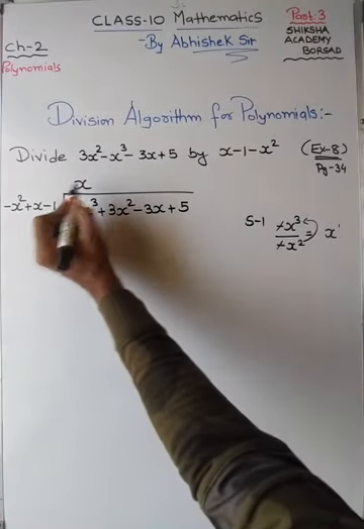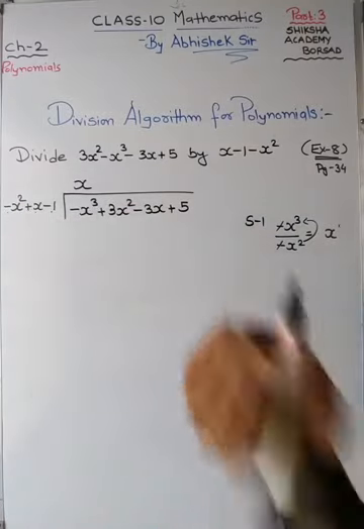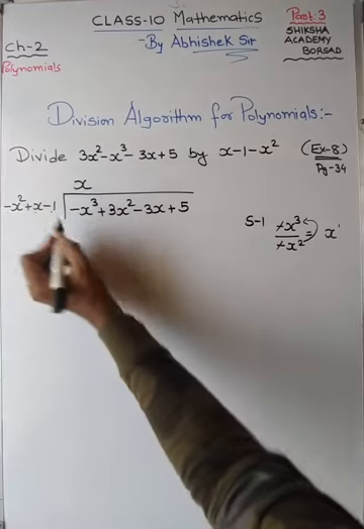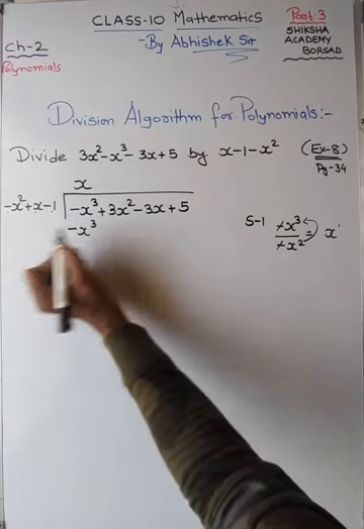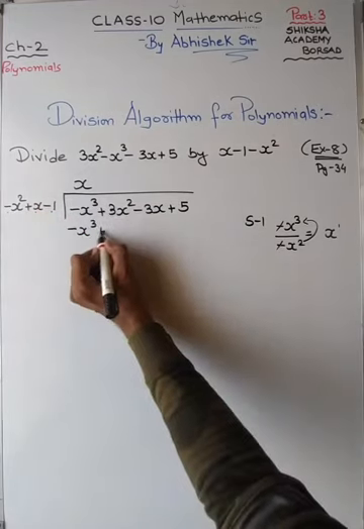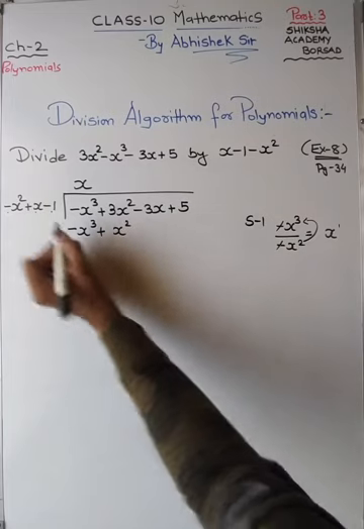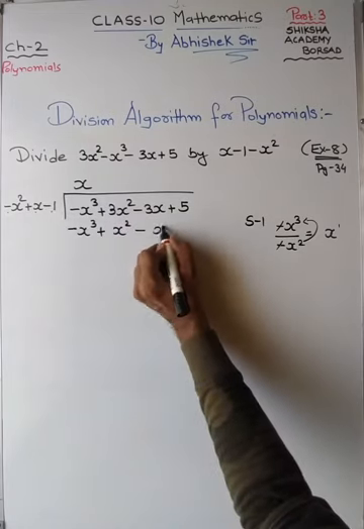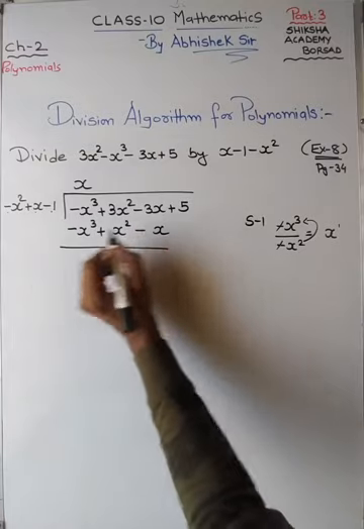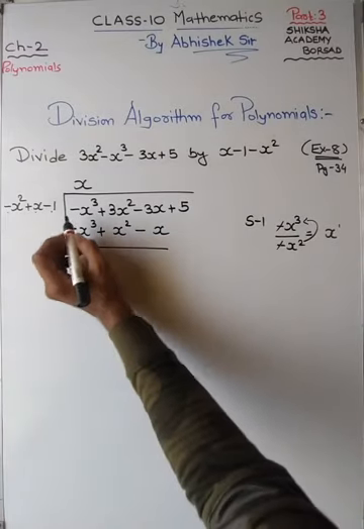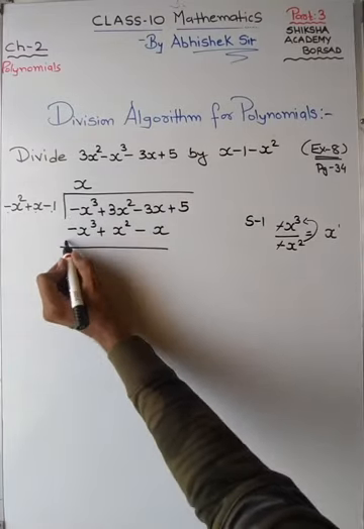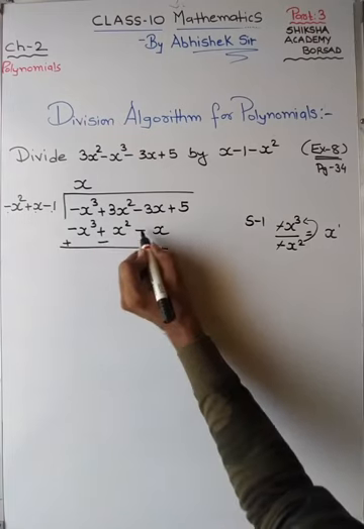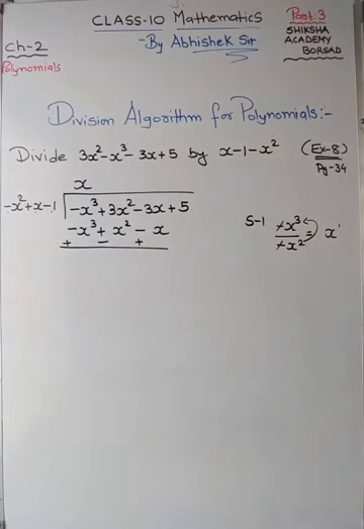Multiplying all the three terms with x: minus x square into x is minus x cube, plus x into x is plus x square, minus 1 into x is minus x. Changing of sign, minus will become plus, plus will become minus, minus will become plus.